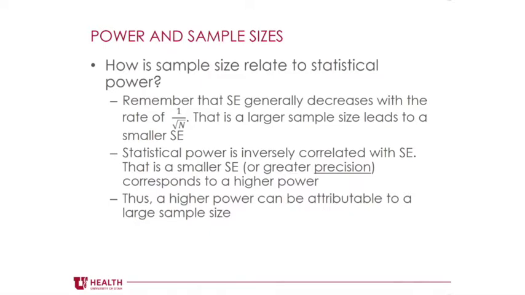That's to say, a smaller standard error or greater precision corresponds to a higher power. If you relate the first and second relationships, you can conclude a higher power can be attributable to a higher or larger sample size.